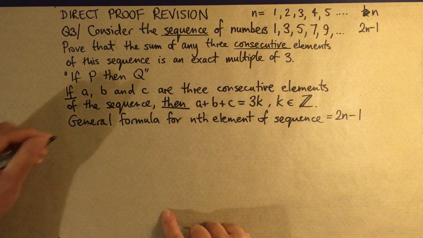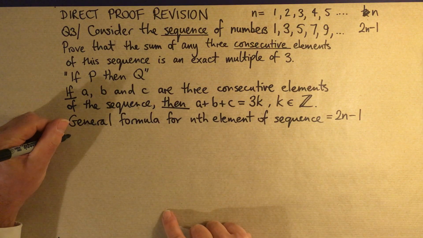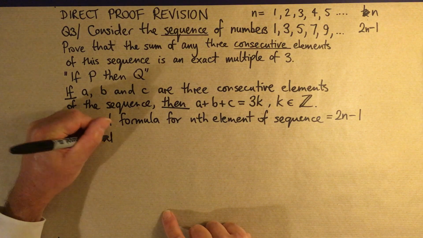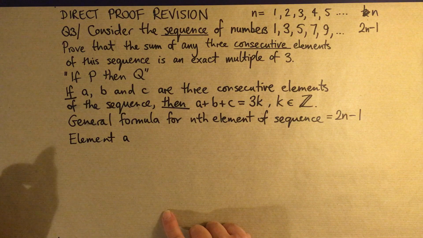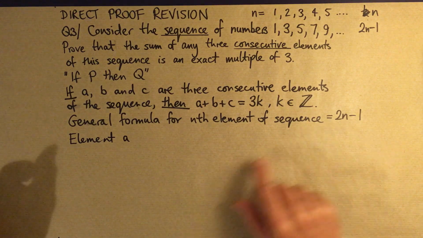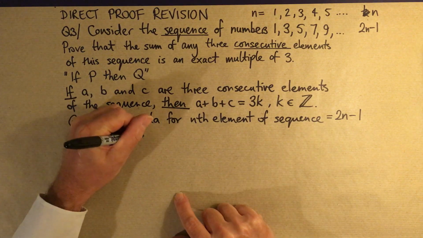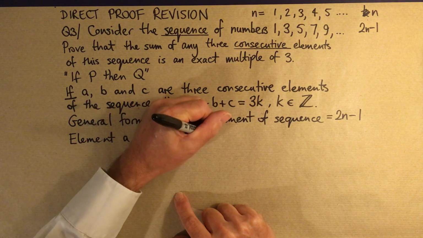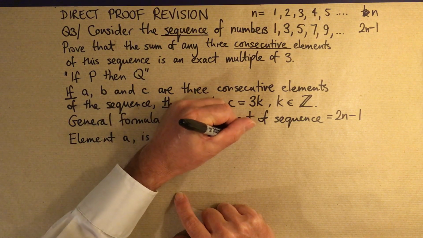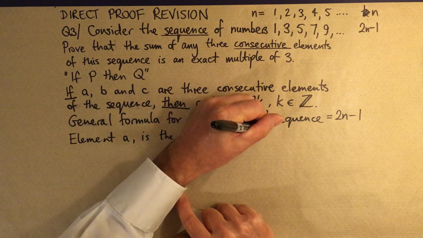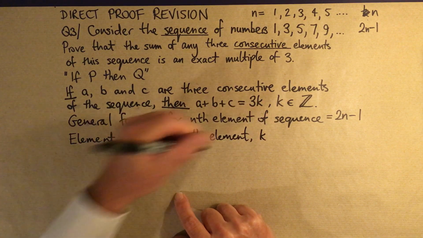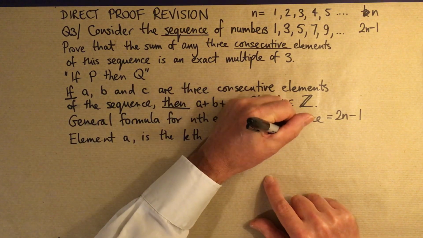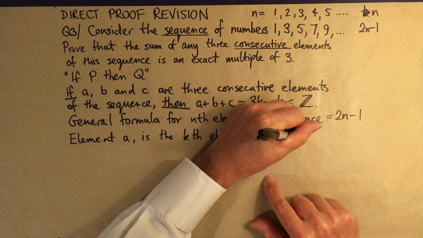So now what I need to do is to use this formula in here and see what happens. So element A, where does it occur? Well, let's just say that it is the kth element, where k here is a member of N1.